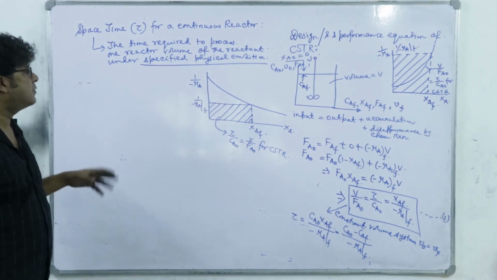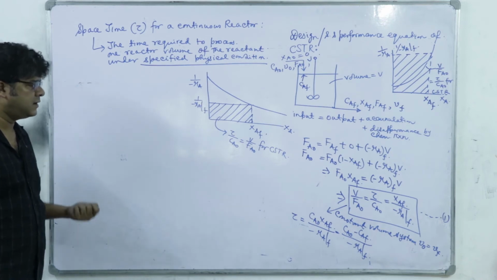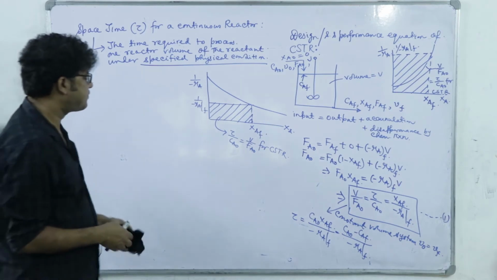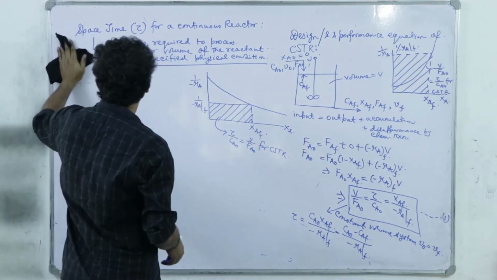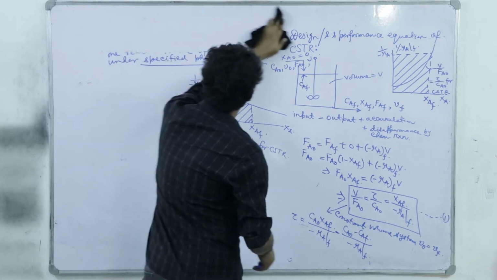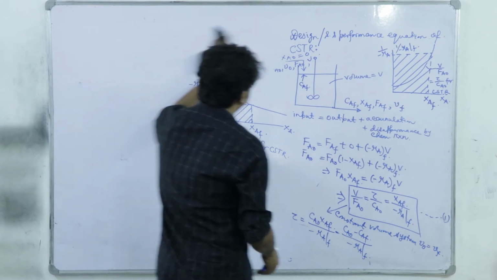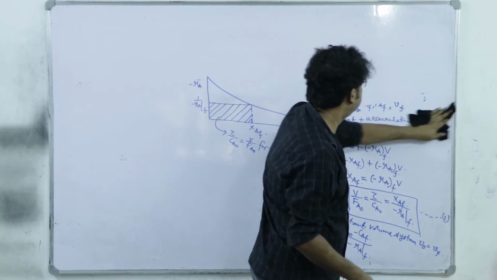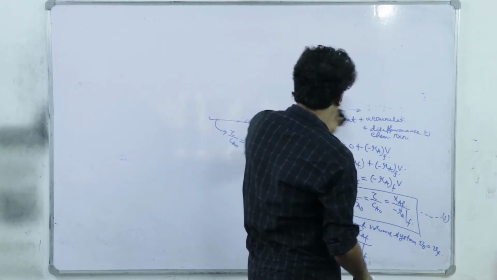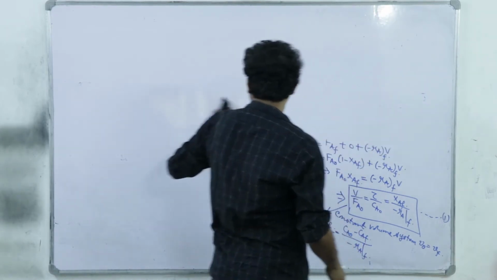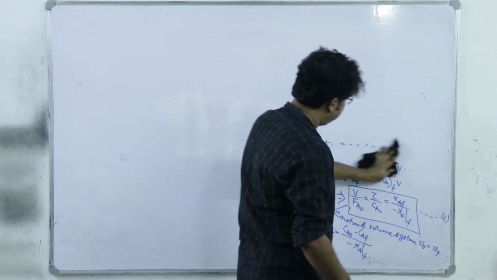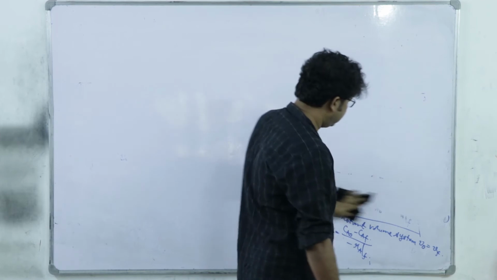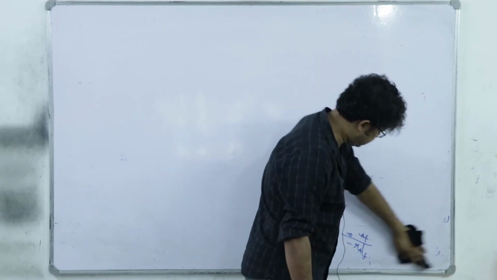Now next we'll try to solve for this design equation of PFR. For PFR, you have to note that minus Ra changes with Z, the length of the reactor.